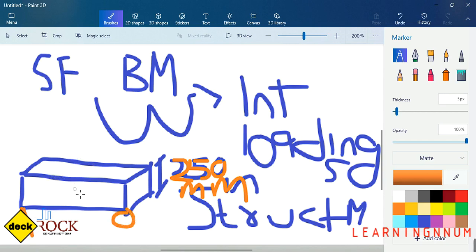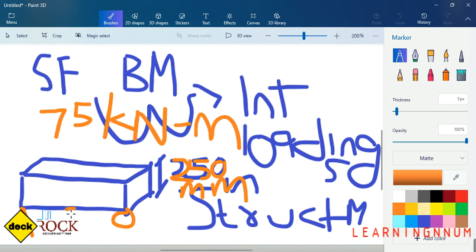It is simply supported. Now, exactly in the middle, we have a bending moment of, say, 75 kilonewton meters acting exactly at this center point.